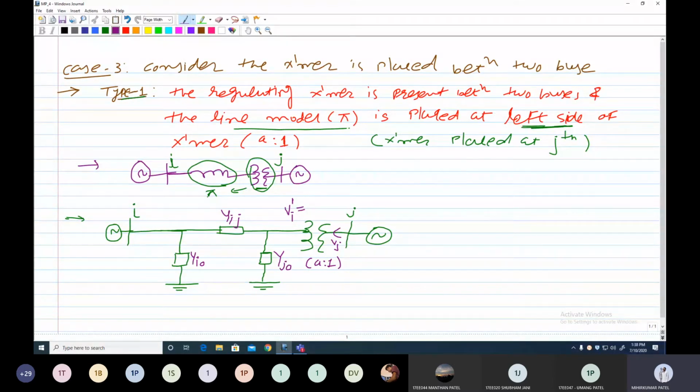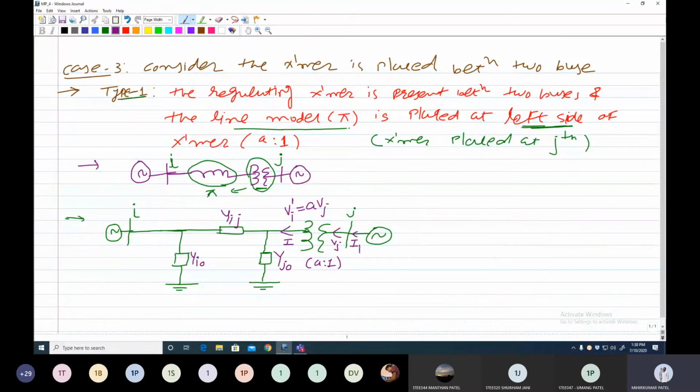Can anyone say? Yes, very good. A into Vj. Then the current injected by the jth bus into this network is Ij.